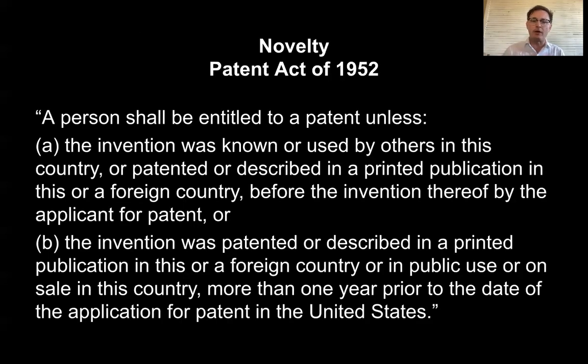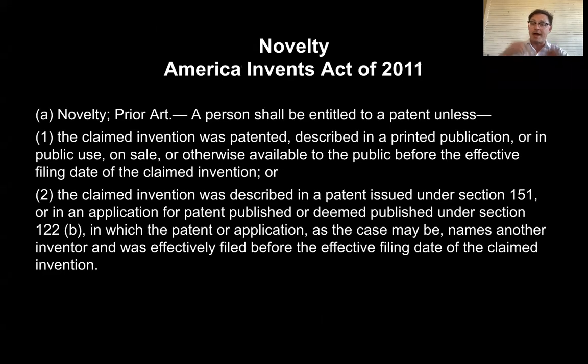Okay. Now, we've been talking about patents and prior art under the Patent Act of 1952. As you know, the AIA of 2011 has affected the novelty analysis, right? Most fundamentally by shifting from a first to invent to a first to file standard. And that shift comes along with increasing incentives to file as quickly as possible, right?